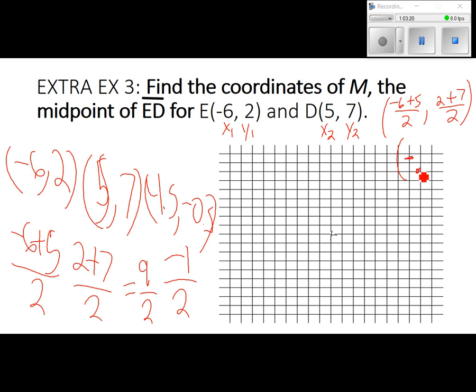Also, -1/2 would work. 2 plus 7 is 9. 9 divided by 2 is 4.5. So where's our midpoint at? Negative 0.5 and 4.5. Is it all right for the midpoint to have decimals? Yeah, nothing wrong with that.